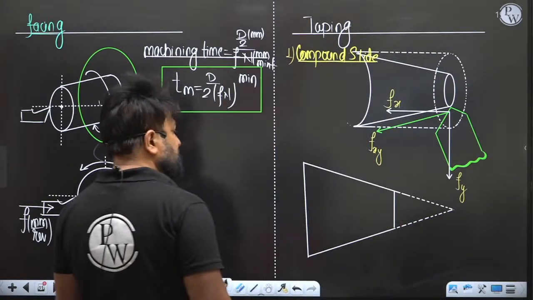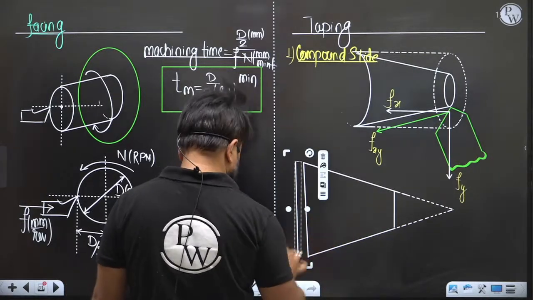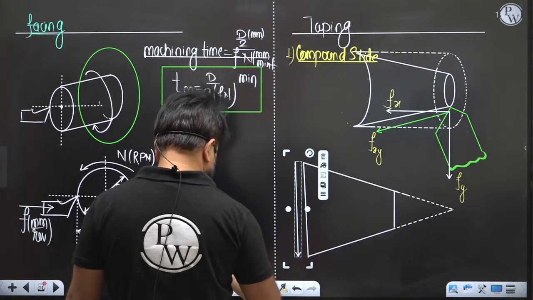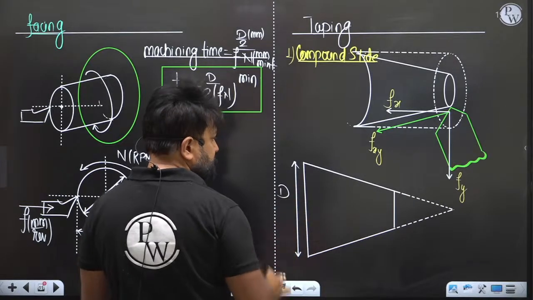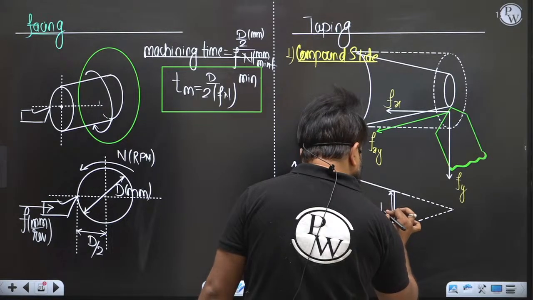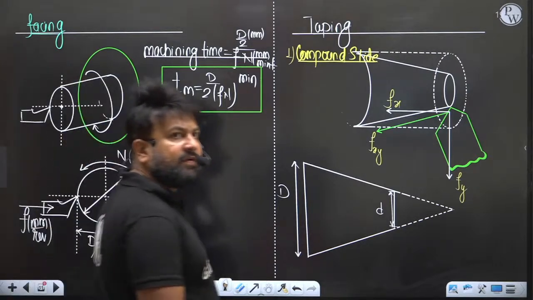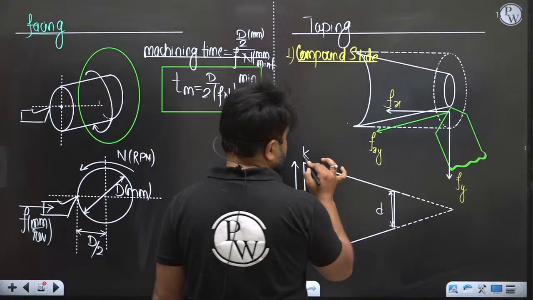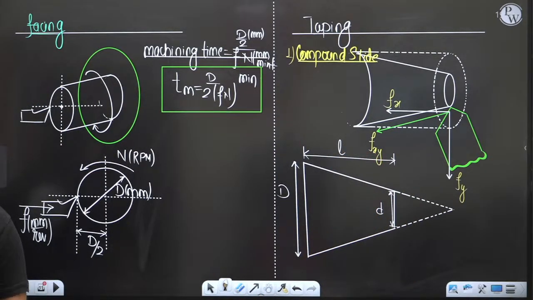This is the large diameter, and in taping you produce a small diameter, small d, right? And there will be a taping length, let's say small l.